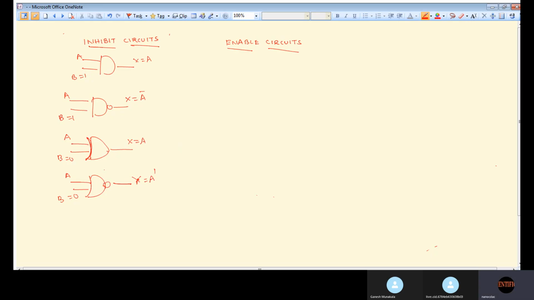So AND, NAND or NOR, these are the enable circuits. Here A, B is equal to 0, x is equal to 0. Gate, A, B is equal to 0.